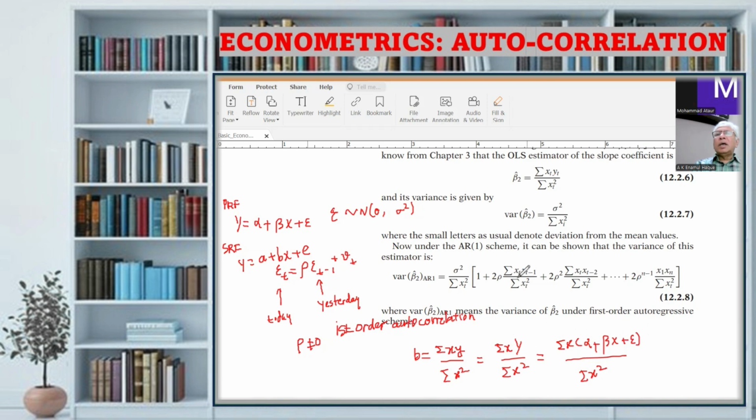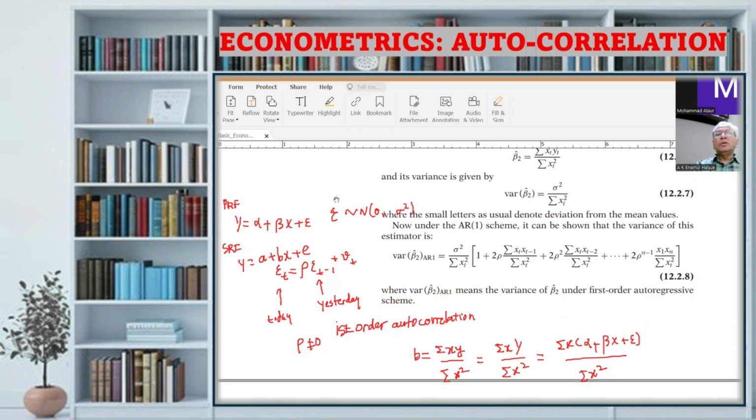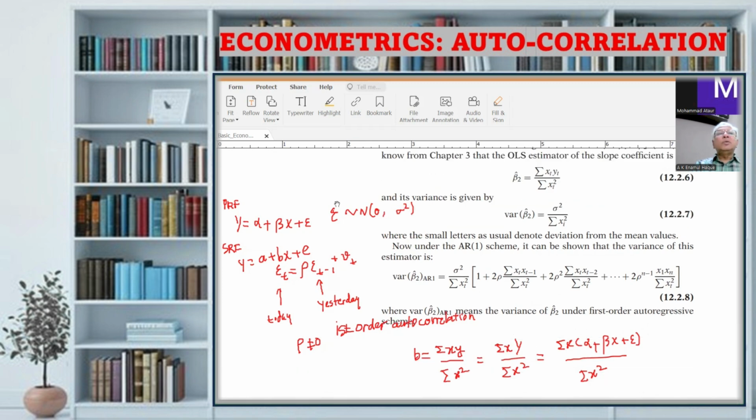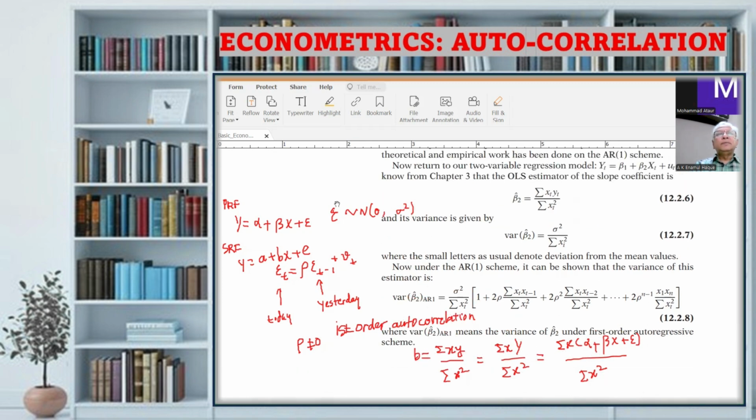Remember what I'm doing: I'm looking into this one. If I expand this further, it will be alpha times the summation of small x divided by the summation of x squared, plus beta times the summation of small x big X divided by the summation of x squared, plus the summation of small x epsilon divided by the summation of x squared.